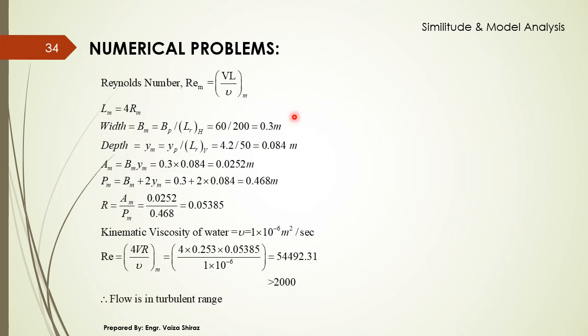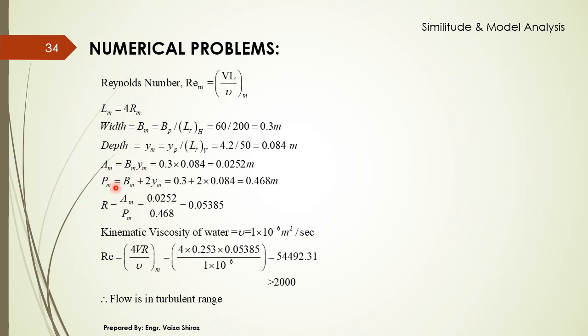Now you have to check the Reynolds number. The standard equation for the Reynolds number is VL over nu. In this case, this L will be further modified considering the river flow, so that is 4 times Rm.